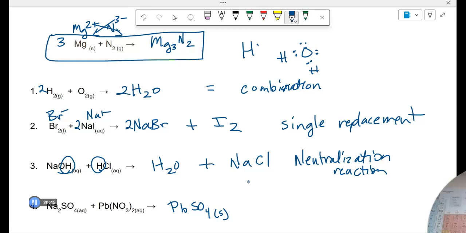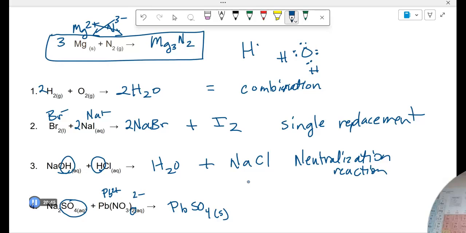How did I know that those were a 1-to-1 ratio? Well, we know that lead is a Pb2+, and the only way we know that is because we know that NO3 is a 1-, and we have two of them. So we've got two NO3 negatives. That means that's 2- on the negative side. Therefore, the lead must be a 2+. And then we can look on our polyatomic ions list and see that SO4 is a 2-.